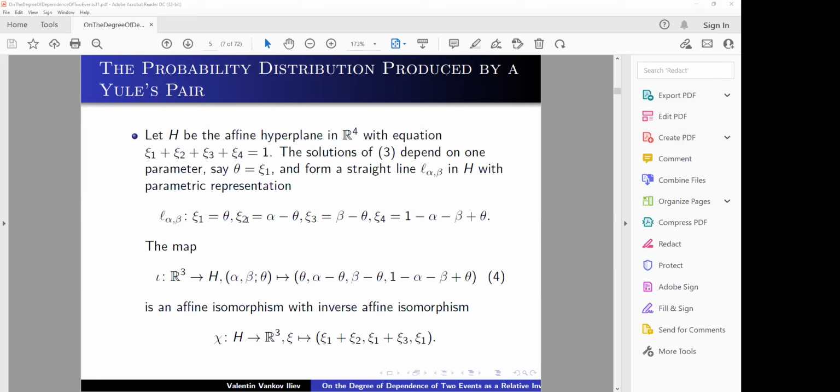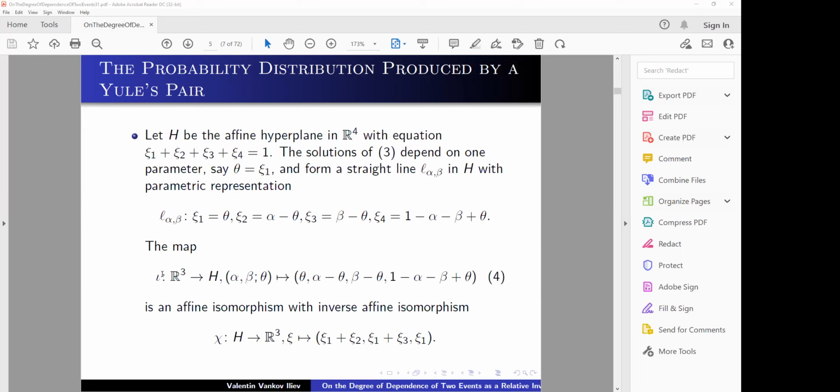And something more, if you consider not only theta, but also alpha and beta as variables, you get a map iota from R3, the three-dimensional real space, to H. This is the hyperplane in R4 with this equation. And this line, of course, lies in this hyperplane.